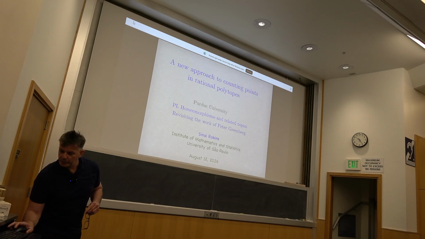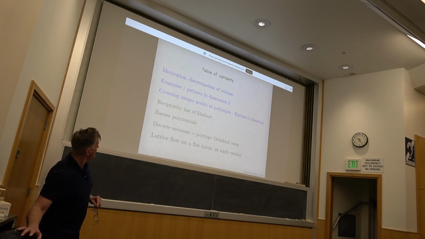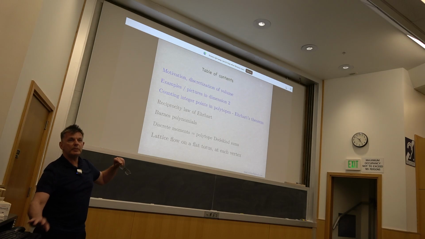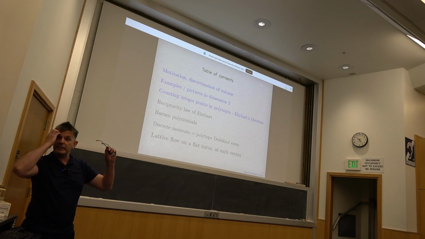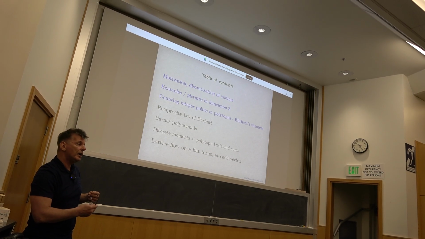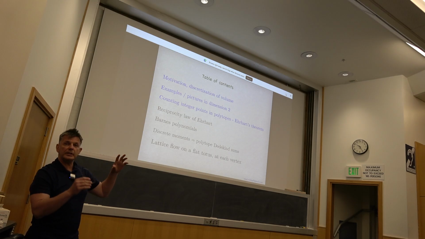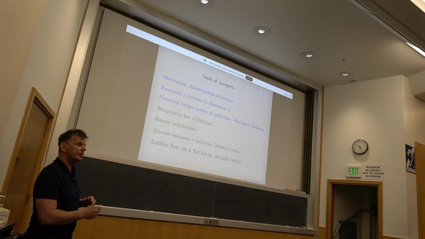We'll talk about motivation, discretization. I'll talk about all these topics. And the two main new topics in Ehrhart theory now, from this perspective anyway, are discrete moments, which I'll show you how they come up.